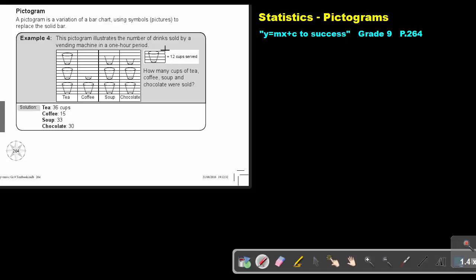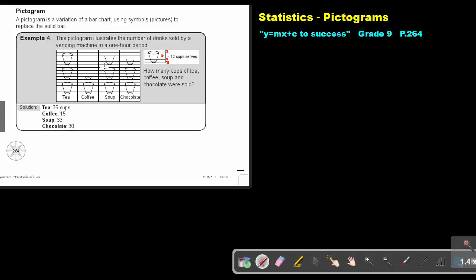So one line is 3, and each line is also 3. So it's 3, 6, 9, 12. If they give you just this part of the picture, it's 3. Half of the picture is 6, and 3/4 of the picture is 9. The full picture represents 12 cups.